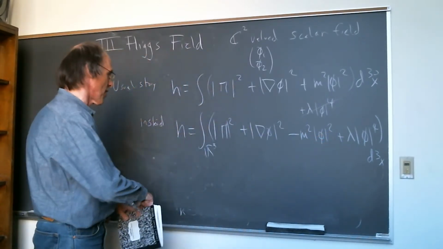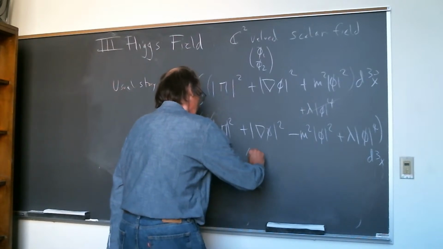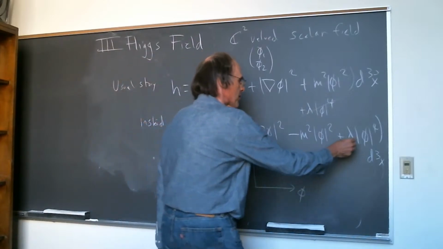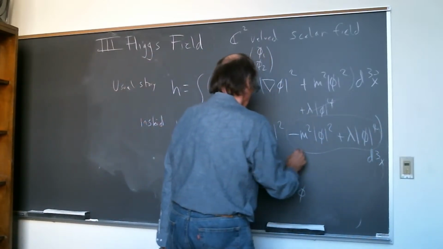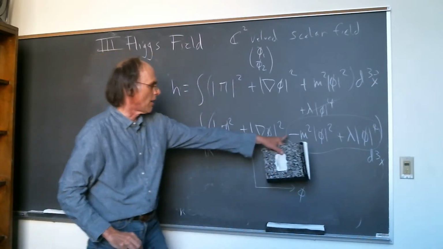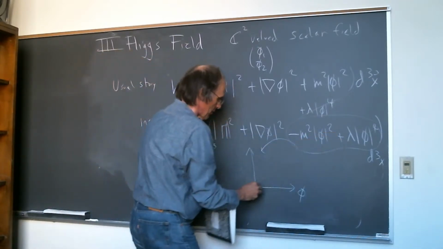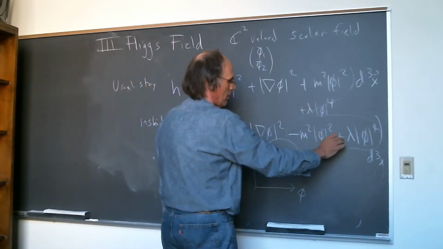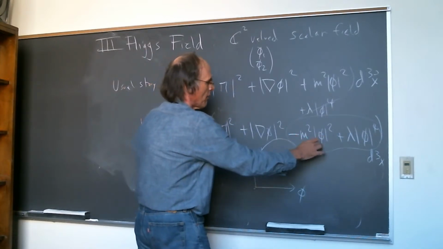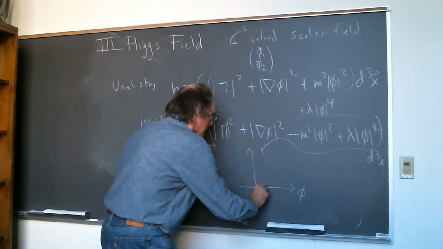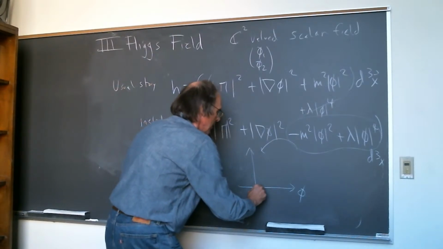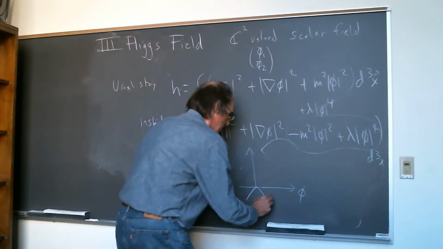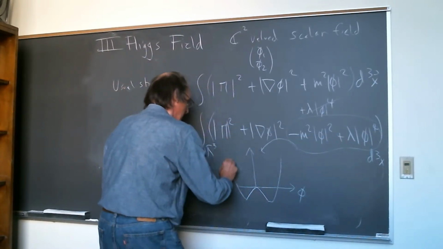As a function of phi, what this term looks like is that at phi equal to 0, it's 0, and then for small values of phi, this is going to dominate, and it's going to do something like this. But then for large values of phi, this is going to dominate, and it's going to look something like this. Okay.